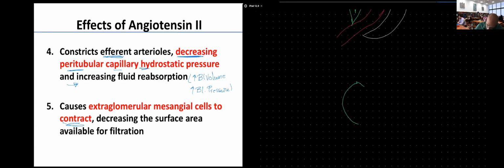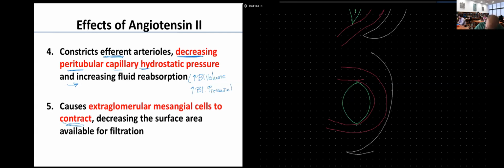I'm reducing the size of the cell, and this is going to be pulling the capillaries away from the Bowman's capsule. Like this.